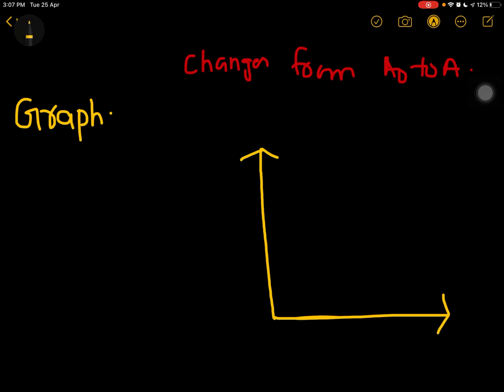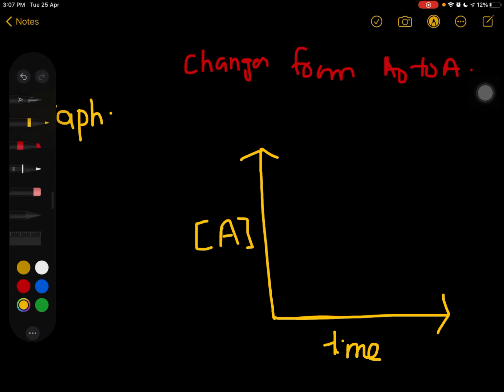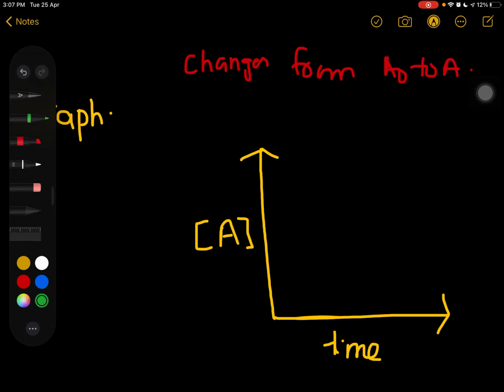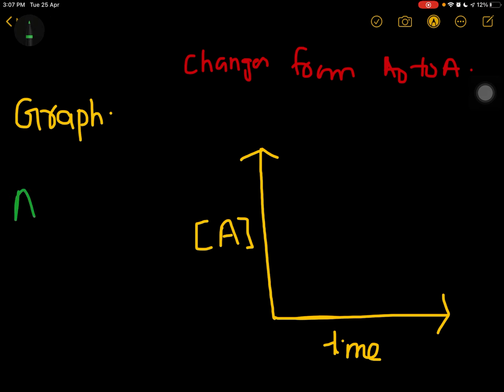Then this is basically your concentration A, and this is basically the time. Okay, the formula which we derived was A is equal to A naught minus kt, right? And as you can see here, A is on the y-axis, right?